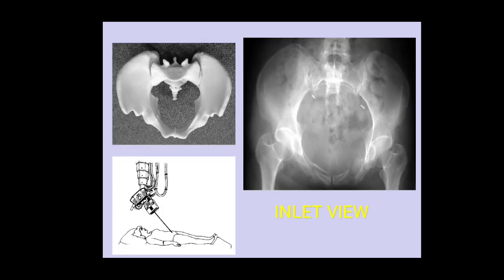So this slide shows you how the inlet view is done. This view is very good for determining the posterior displacement of the pubic bone, and also we can estimate how the pelvic ring looks. Is there any displacement inside?